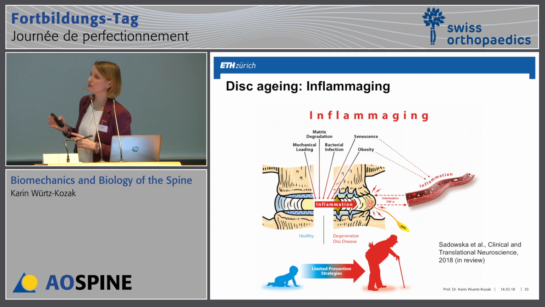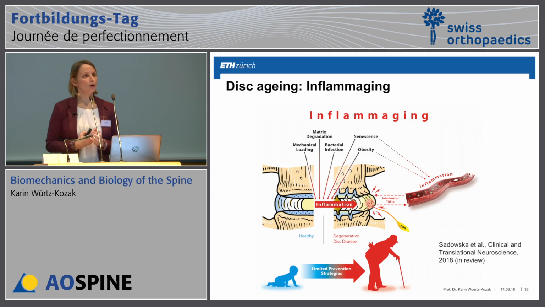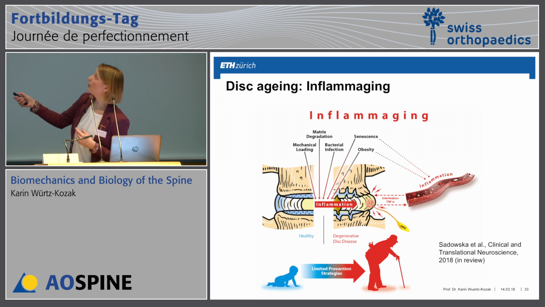And this is the very last slide that I want to briefly show you on a very new concept that is very in, and you might see that in a few publications or hear people talking about. So I wanted to bring in this word inflammaging. It is basically the combination of aging processes with inflammation. This little figure shows you exactly what we've been talking about. You have the degeneration happening, you have nerves growing in, you have cytokines.